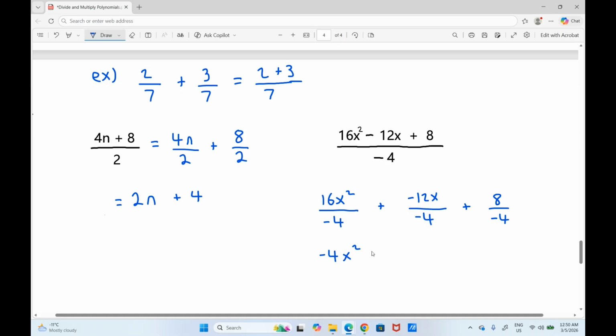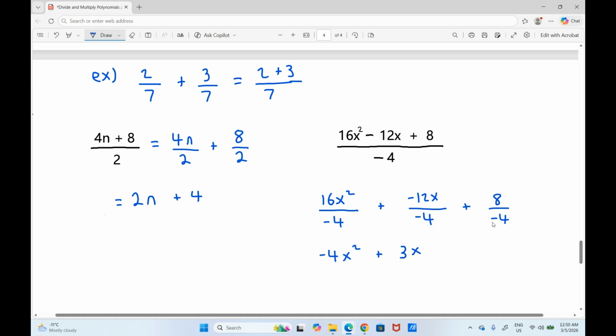Now for my negative 12x divided by negative 4, since I have two negatives and I'm dividing them, my answer becomes a positive. So negative 12 divided by negative 4 is going to be positive 3. And I'm just going to write x here as 3x because there's nothing on the denominator that I can cancel my x with.